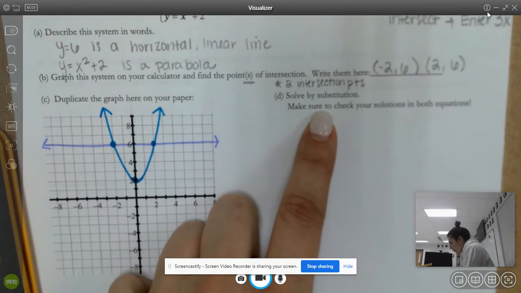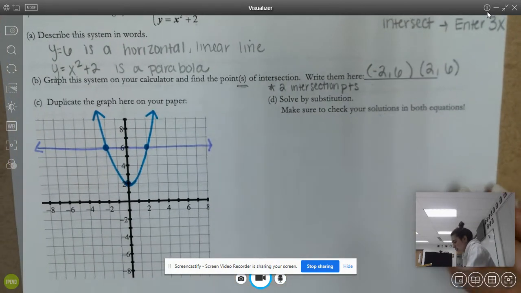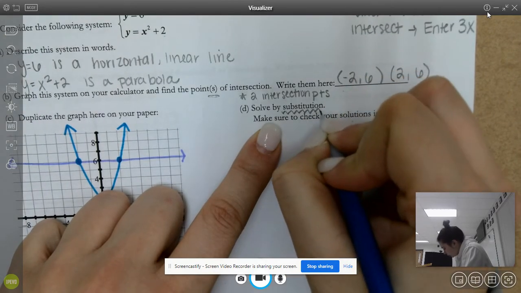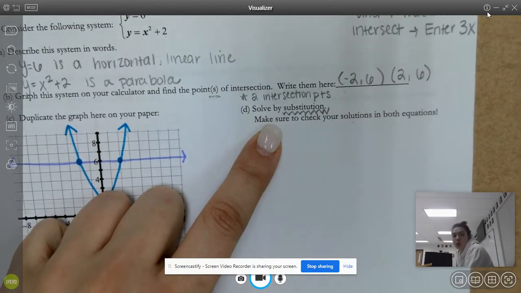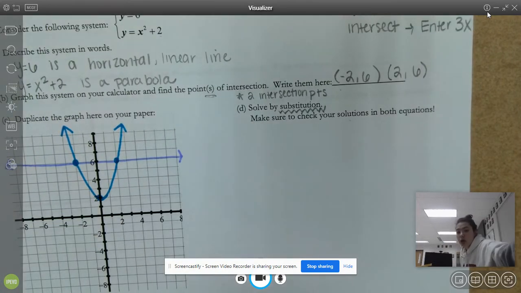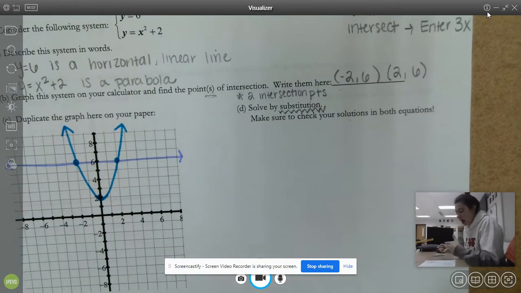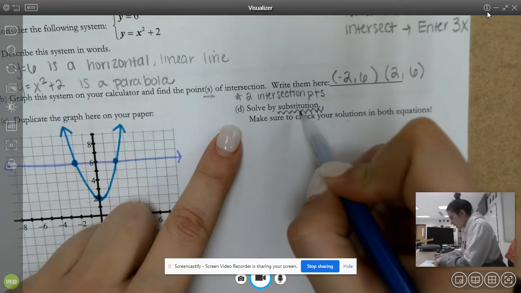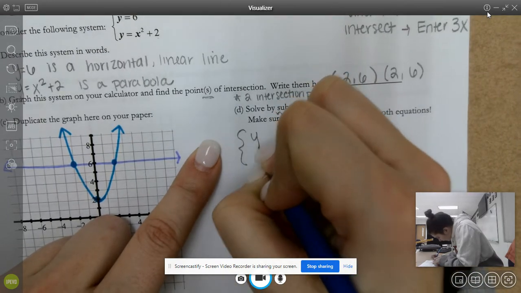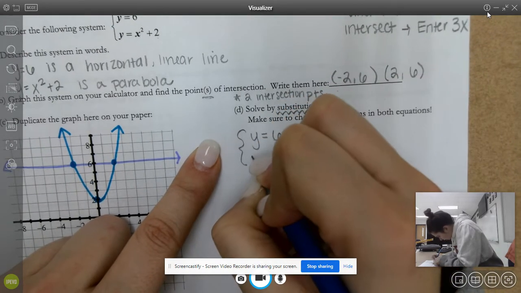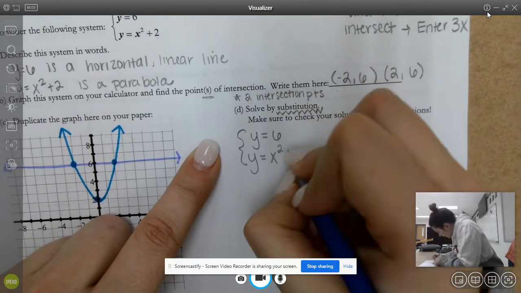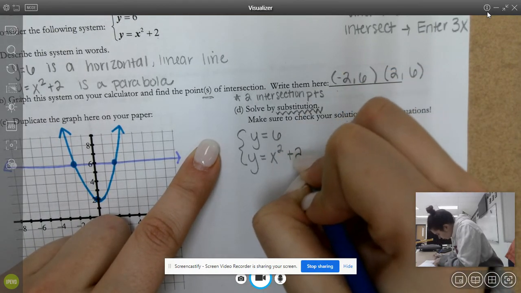So now for the second part, part D, it's going to ask us to solve by substitution. This is one of the methods that we worked through first semester when we were working with systems of equations with linear lines. So in order to solve by substitution, we want to rewrite the system and see what we're working with. Here we have y equals 6 and y equals x squared plus 2.